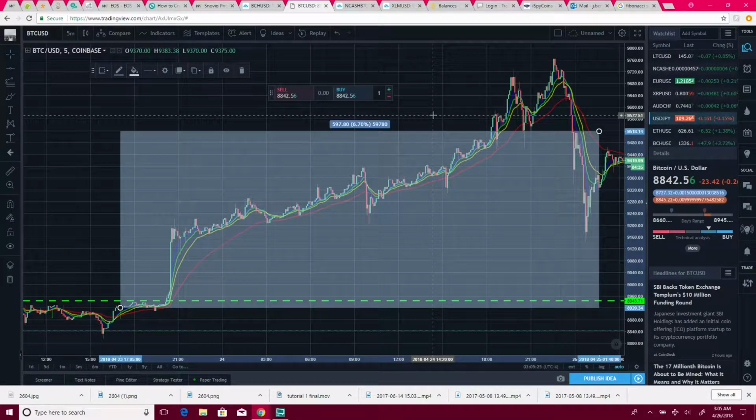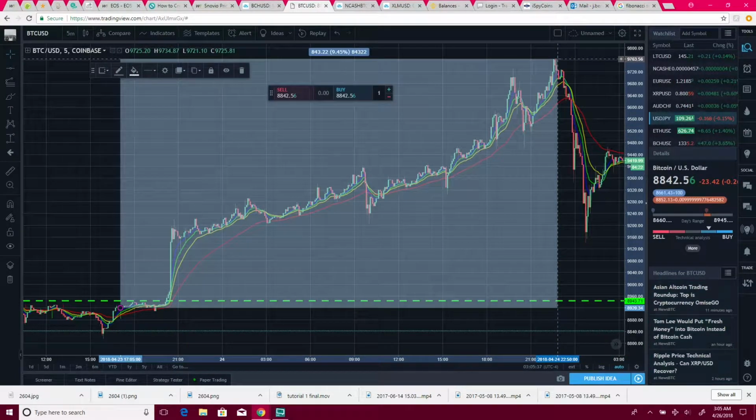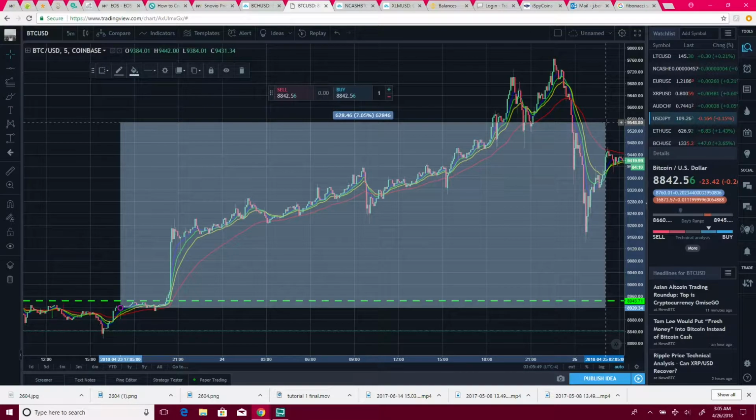About 6%. Which is good. I mean, it's profit. Eventually you guys are going to learn how to catch the tops, but we have to combine more indicators in order to be more precise or more accurate.